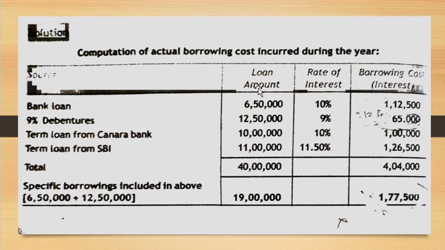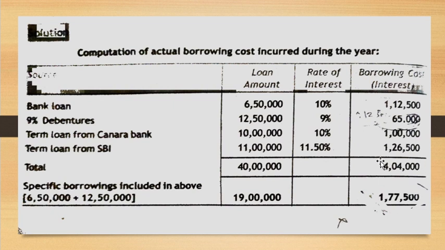The total loan amount you have taken is 40 lakh, and the borrowing cost for the loans is, when you total 1,12,500 plus 65,000 plus 1 lakh plus 1,26,500, 4,04,000.